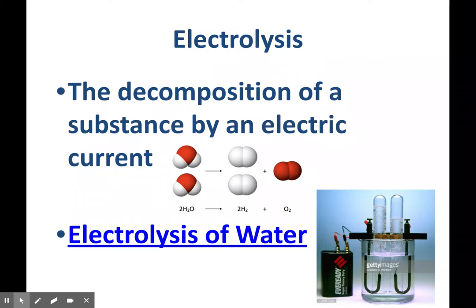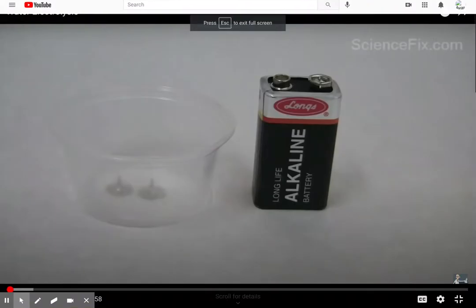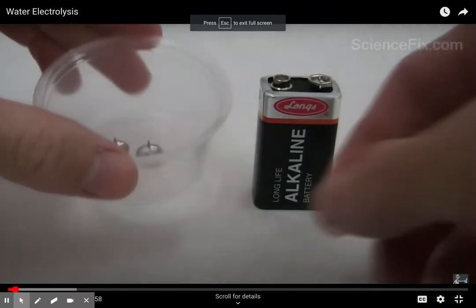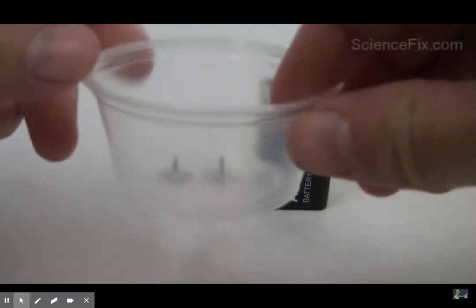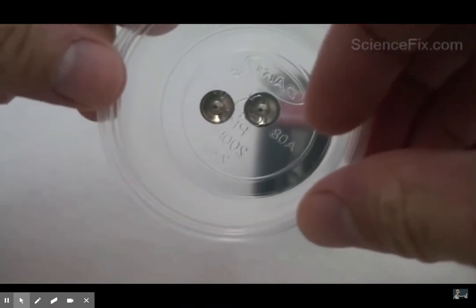Electrolysis is a decomposition reaction where you use electricity to separate the items that make up the compound. You can see a picture of the setup, and we'll look at this video as well. In this, they're going to use just a simple 9-volt battery to create the electricity.